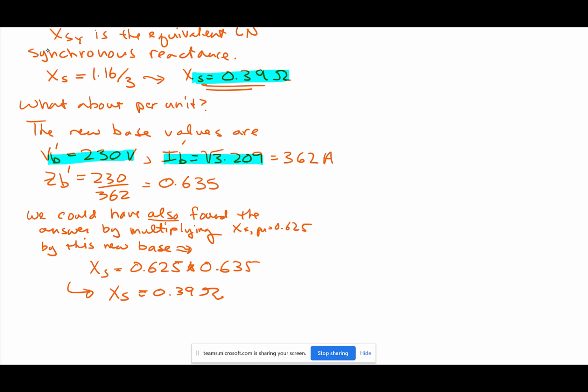And really, if you remember, Z is equal to V divided by square root of 3, your original, and your I multiplied by square root of 3, then what you end up with here is a factor of 3. This is your Z, this is Z prime, and this is your Z original.